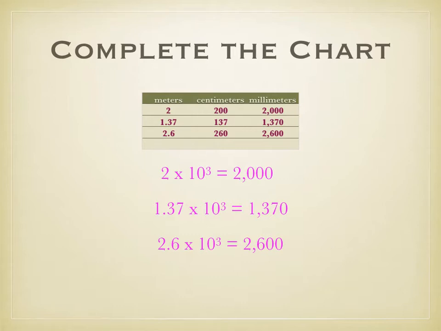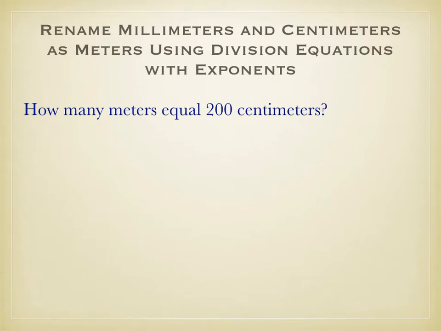So now we're going to go backwards and rename millimeters and centimeters as meters using division equations with exponents. So now, instead of saying how many centimeters, we're saying how many meters equal 200 centimeters. We're going backwards. We're starting with the bigger number, the centimeters, and we're going to a smaller number, the meters.